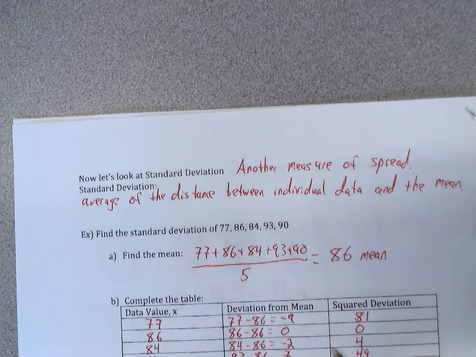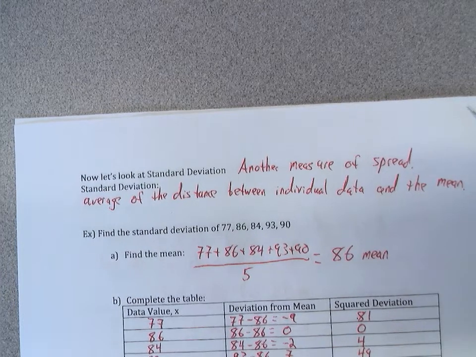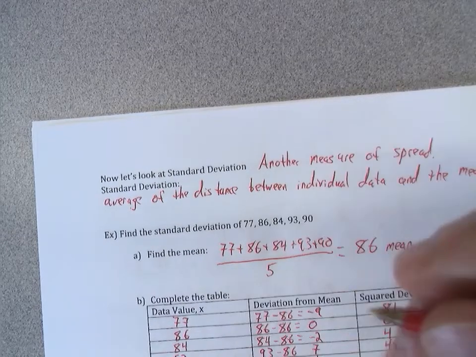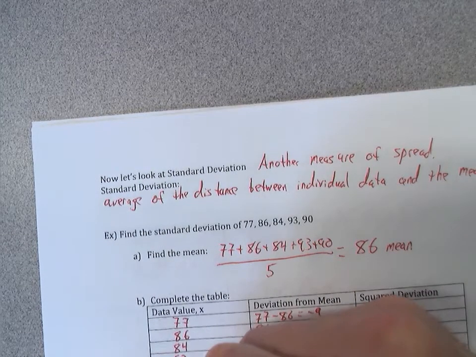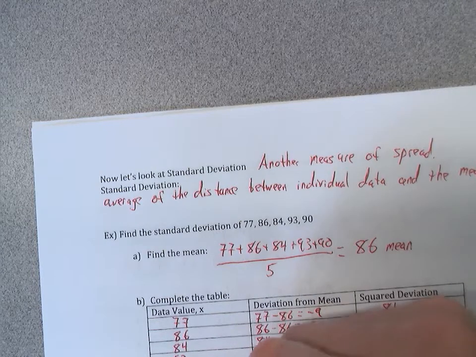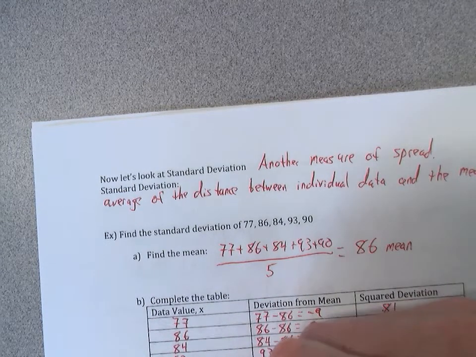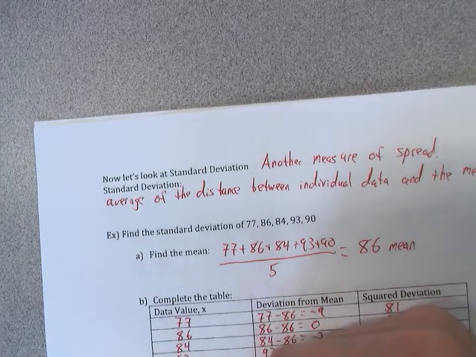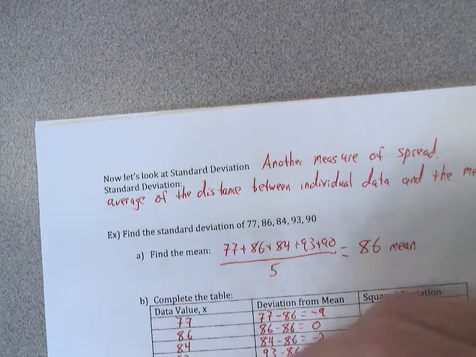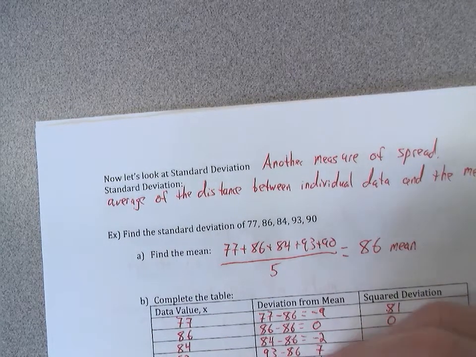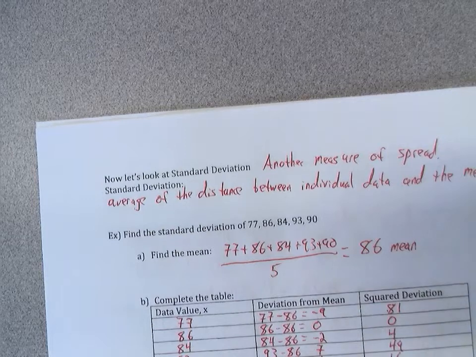Now we can find the mean of the squared deviations. So now we take all those deviations, 81 plus 0 plus 4 plus 49 plus 16, and we divide those. There's 5 of them. So we got 150 divided by 5, which is going to equal 30.